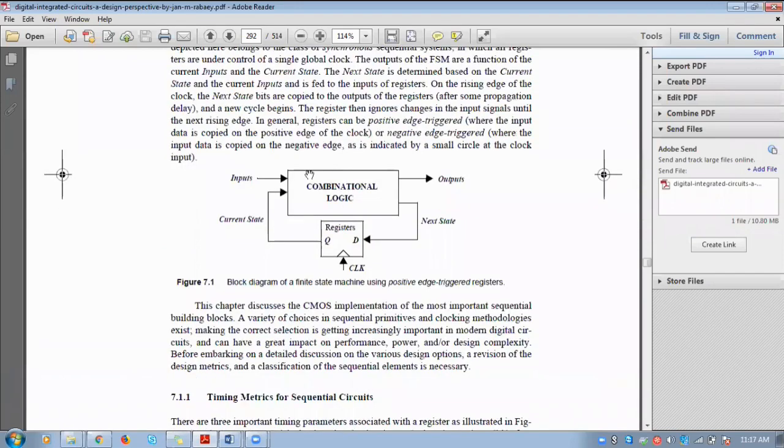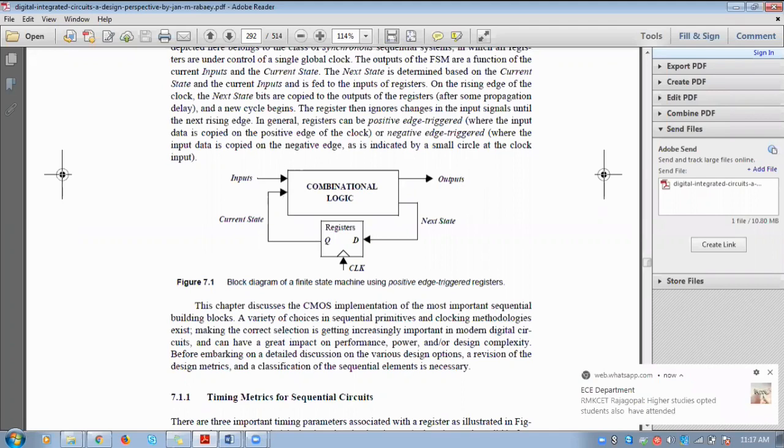A sequential circuit is a combination of a combinational circuit as well as a memory element. This memory element is connected at the feedback of the combinational circuit. As per the structure, the output of a sequential circuit depends on the present input as well as the past history of the output.